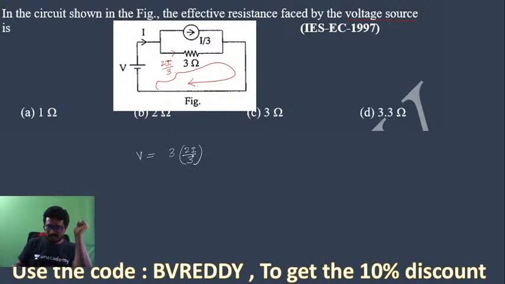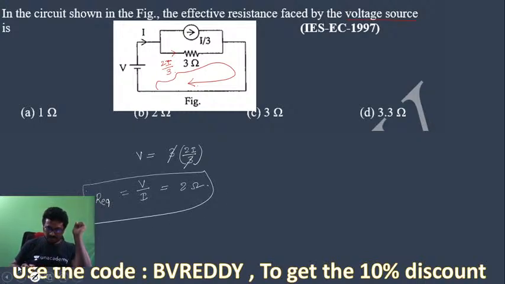The 3 will get cancelled, so V by I is equal to 2. This V by I is nothing but the resistance faced by the given voltage source. So what's the option now? Option B.